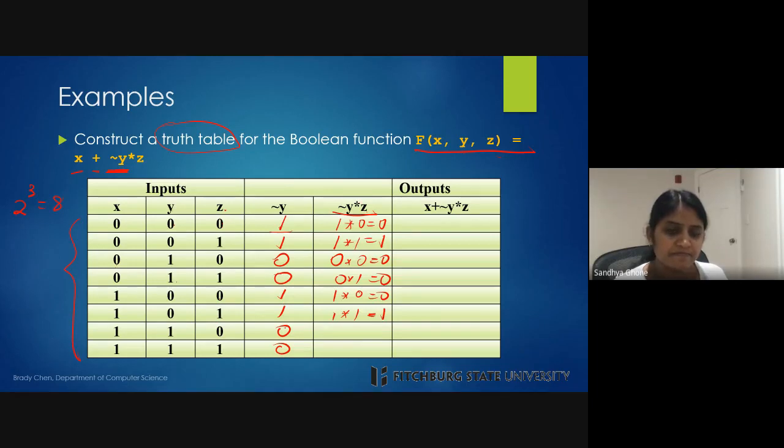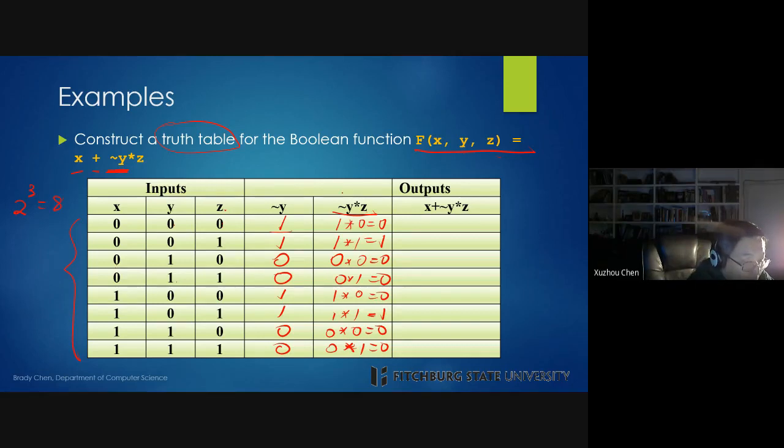Z is 0, 0, that's 0. 0, 0, 1, 0, that's 0. And then you got the values for negation y and z. So then you can figure out the last one.